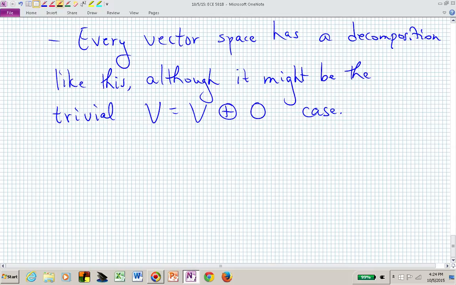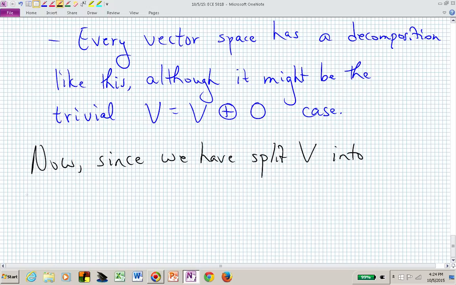Now that we've split this vector space into these non-overlapping subspaces, let's see what happens when we operate on those with a map. Since we have split V into non-overlapping subspaces, the only place they do overlap is the zero vector.